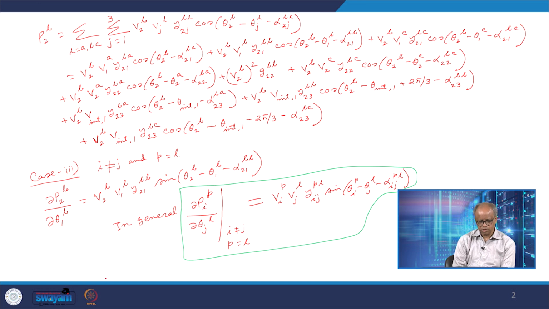So I have to take the partial derivative of all the elements. So for all the elements, let us write it V1A Y21BA.